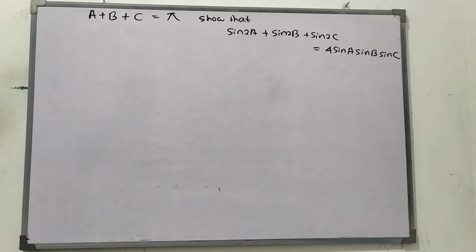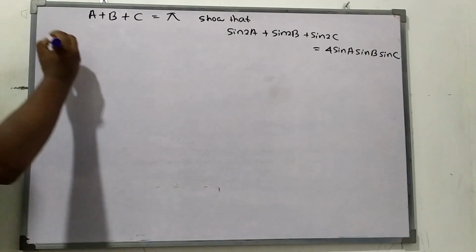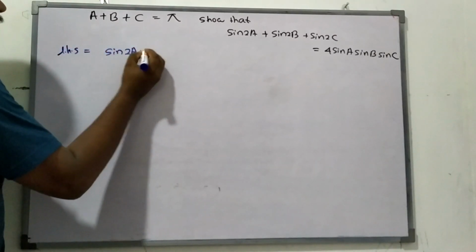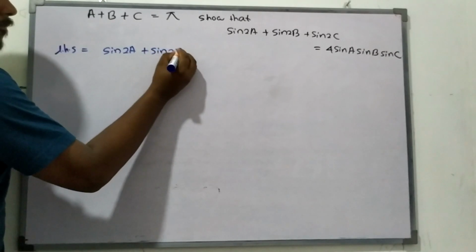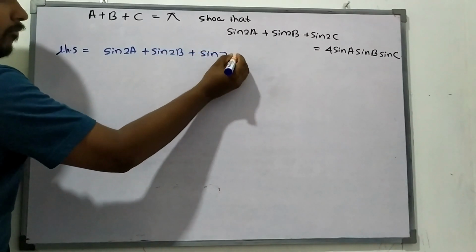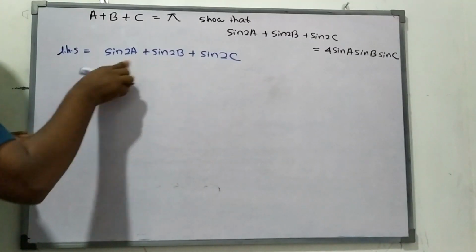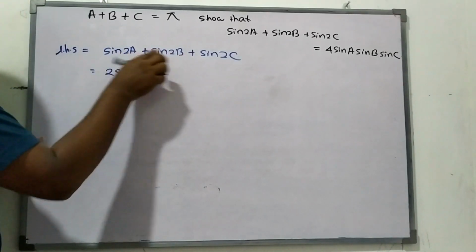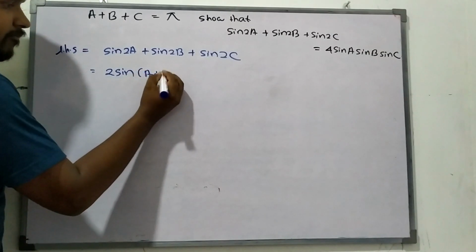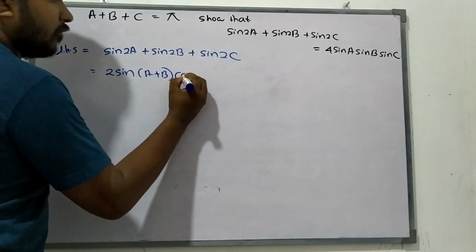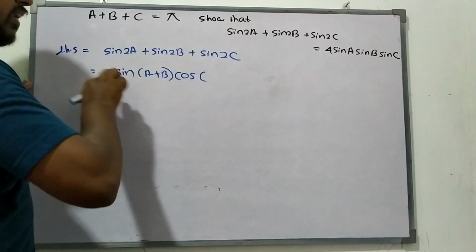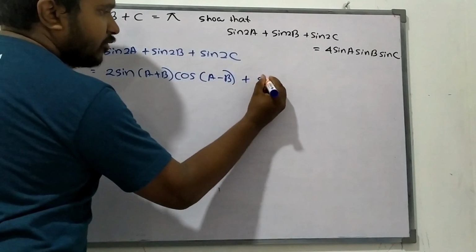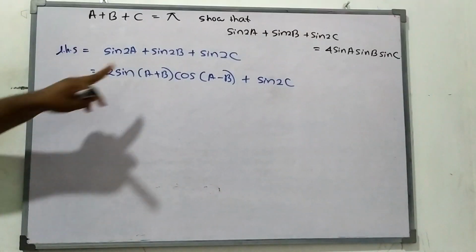So once again I am starting from the left hand side. You can use CD for this. Sin plus sin means 2 sin of the addition, (a plus b) divided by 2, then cos of (2a minus 2b) divided by 2, which is (a minus b), plus sin 2c. What is a plus b?